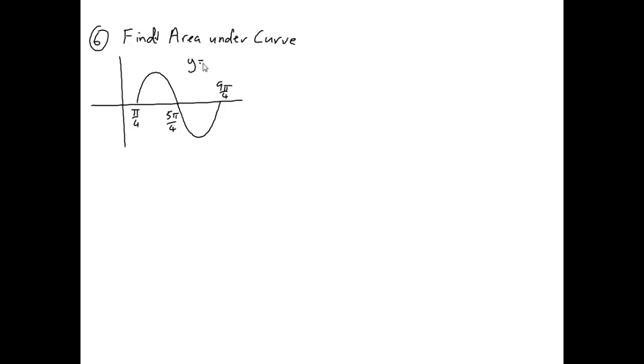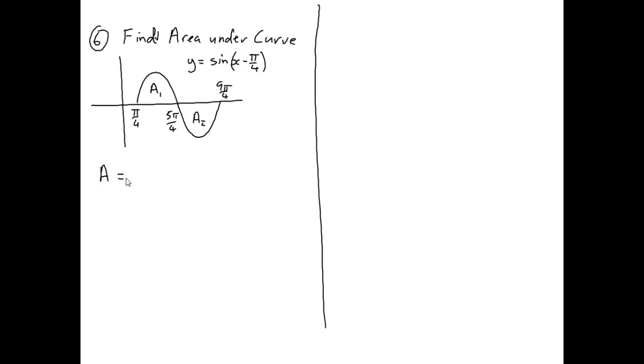And this is a graph of y equals sine(x minus pi on 4). What do we know about this? This part's going to be positive, this part's going to be negative.